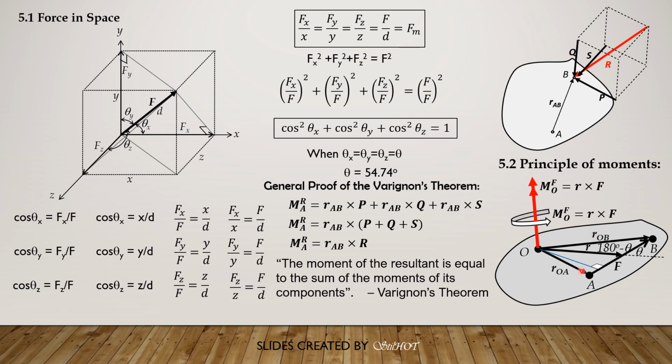Then by cross product, we define the moment of F about O as R cross F equals R times the magnitude of F times sine of theta. Now, it doesn't matter if it is theta or 180 degrees minus theta, because from trigonometry, the sines of supplementary angles are the same.